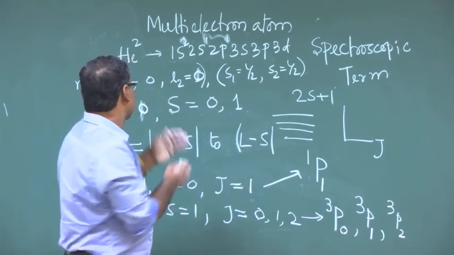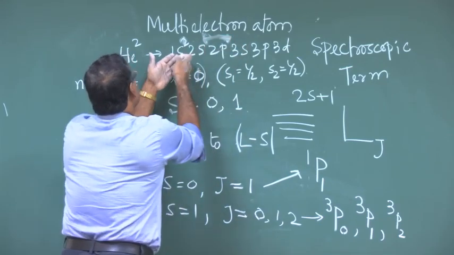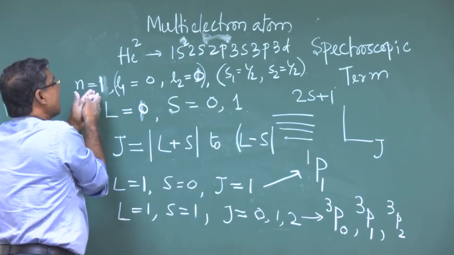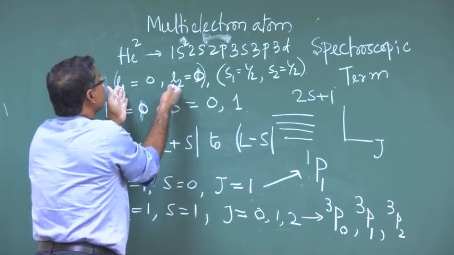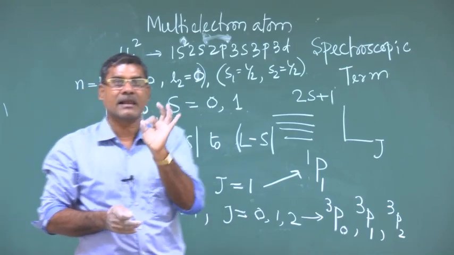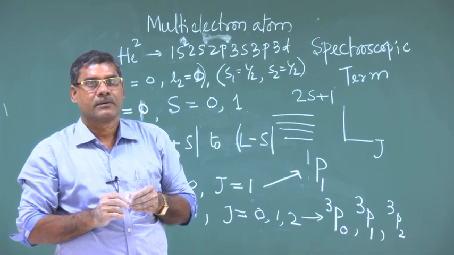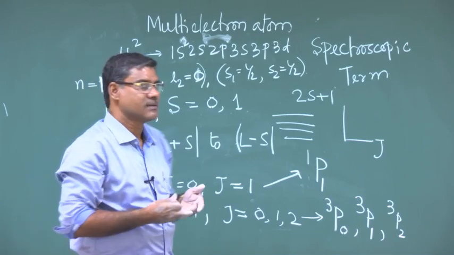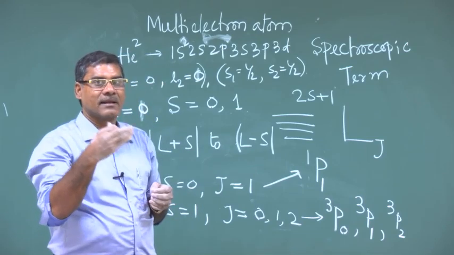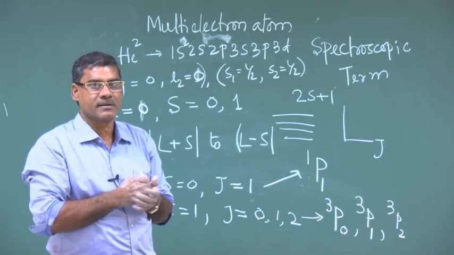But in this case, N equal to 1 and L equal to 0 for both cases. So, N and L are the same, so one has to consider ML and MS. One of them has to be different.